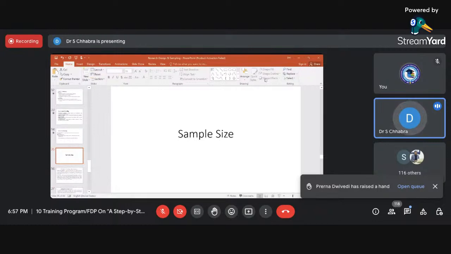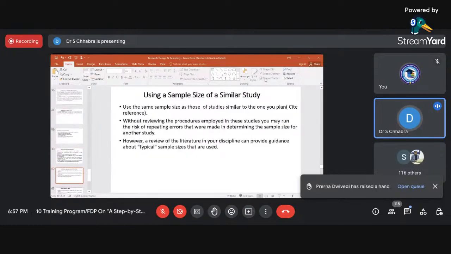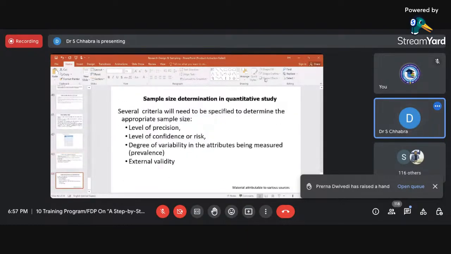If you picked a sample size based on certain formulas, certain methods, I would give you a summary of it. I'm not getting into the details. I would give you a simple idea of that.